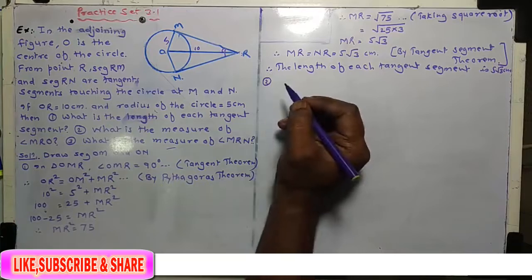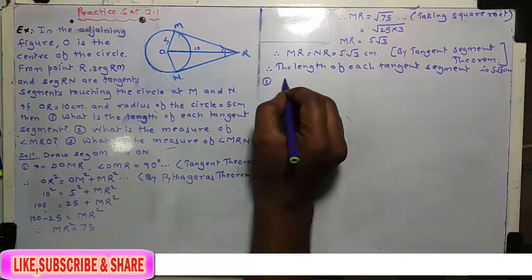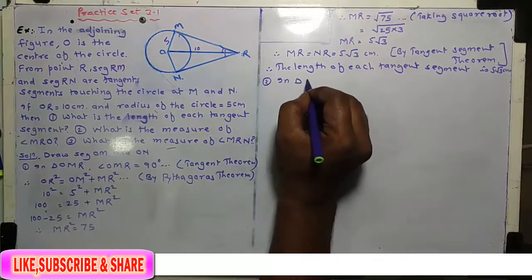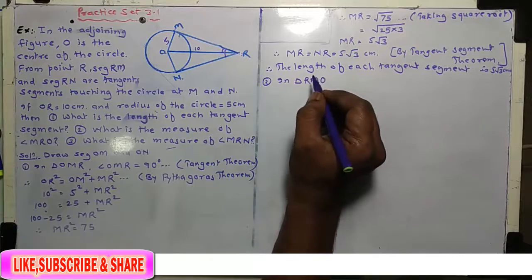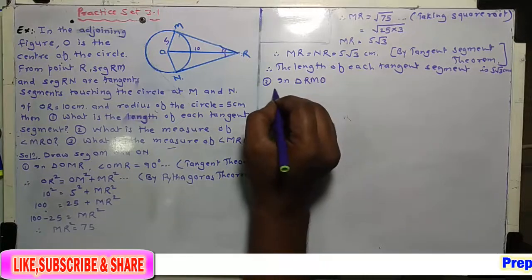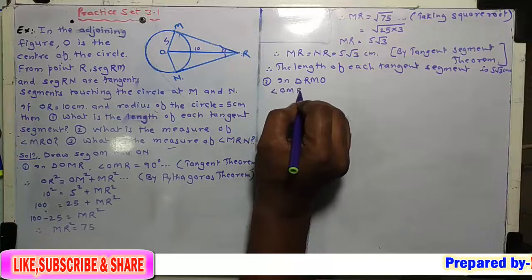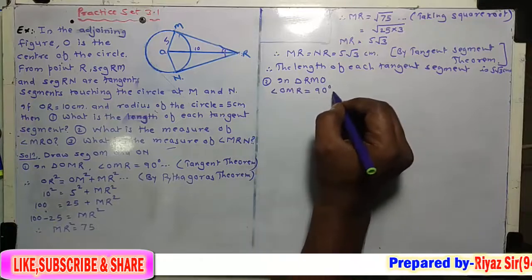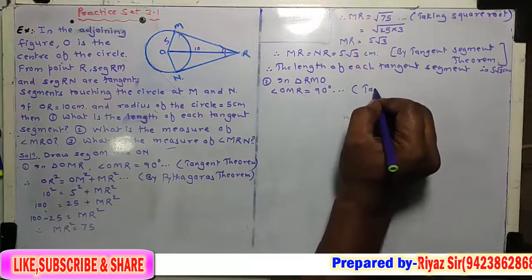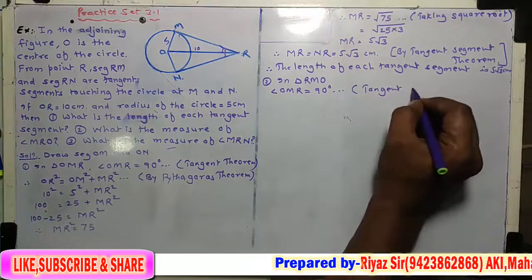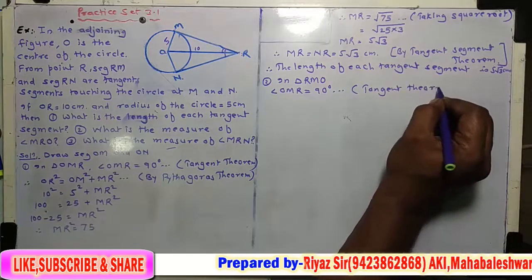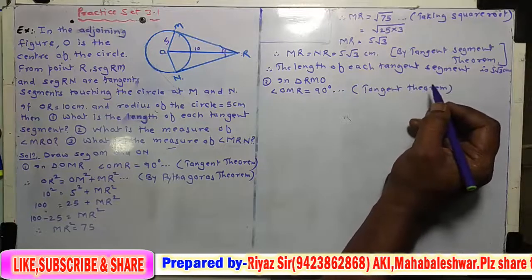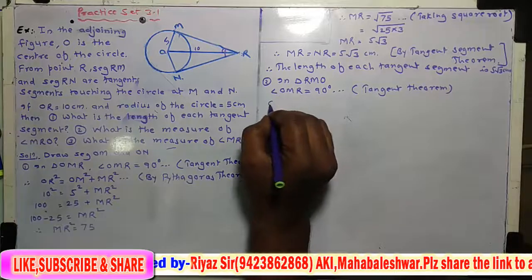Now solution for second. In triangle RMO, angle OMR is equal to 90 degree by tangent theorem, right? Now OM is given.